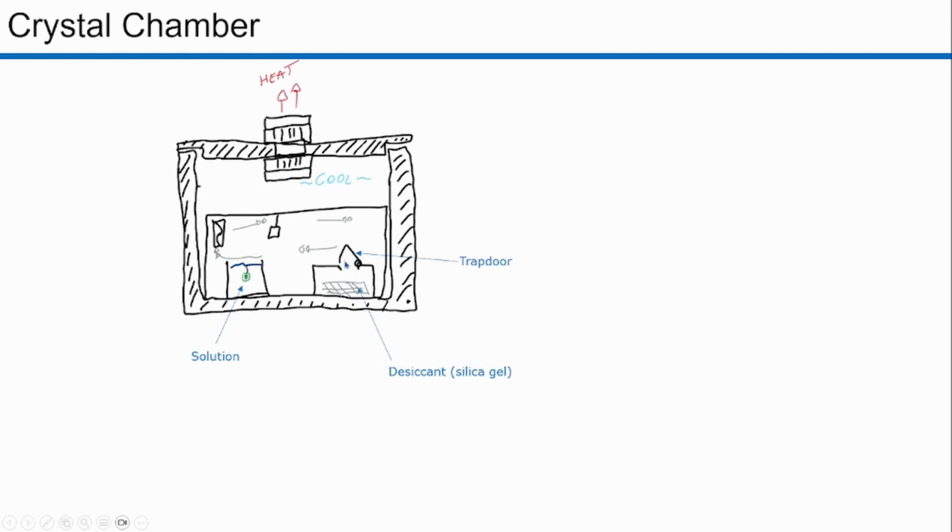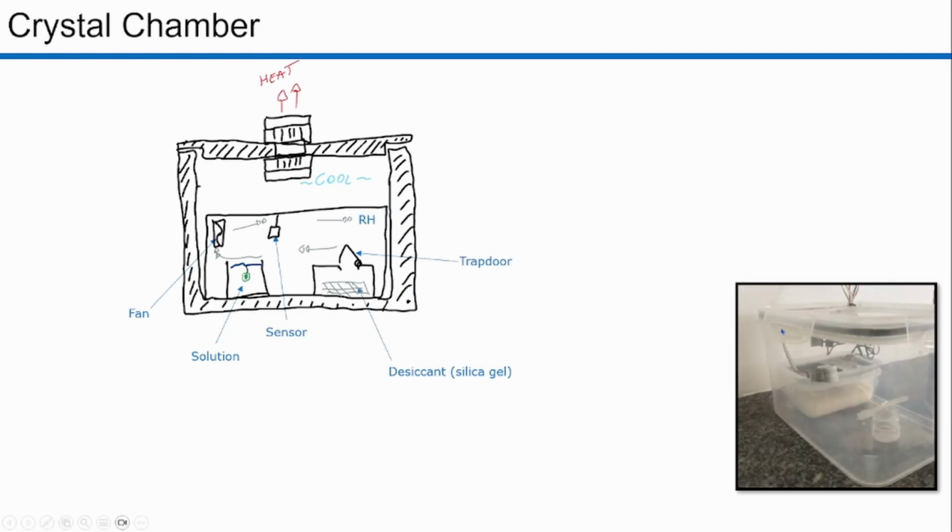So if I need more dryness, I would open the trapdoor. If I need slower evaporation, I would close the trapdoor. There are some temperature sensors, a fan for air uniformity, and this is airtight. It's that arrangement from before, but without the servo and the scale. In this case, just the solution, the vessel, and everything else.